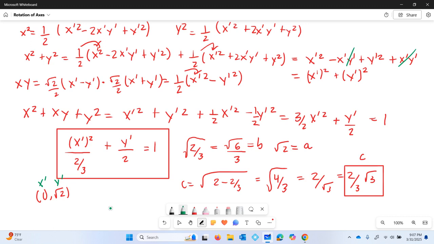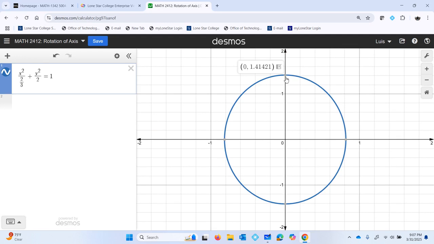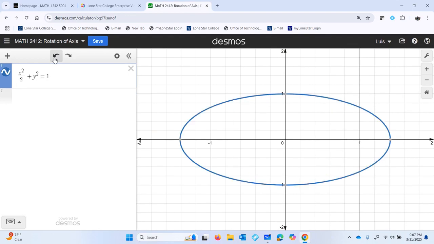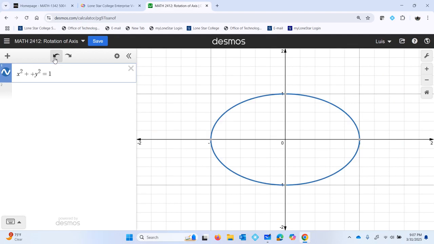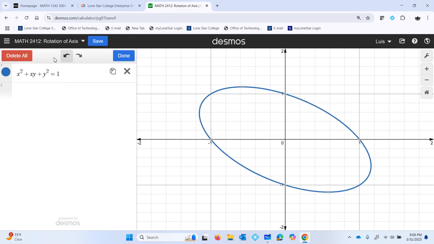Okay, so in this case, that would imply that one of the vertices is at, let's see, 0 and -1, and then another would be at 0 and +1. Let's see. Because we said that the vertex was there. So, let me see. Okay.